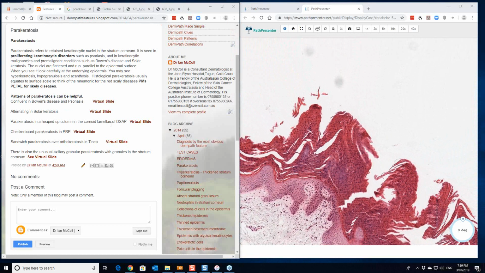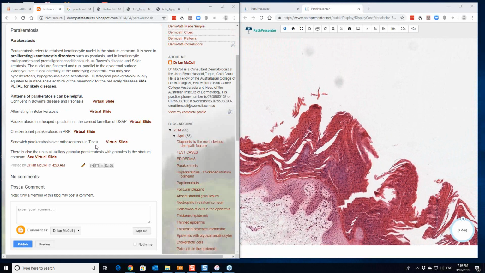The heaped up column in a cornoid lamella of disseminated superficial actinic porokeratosis. The checkerboard pattern, with horizontal and vertical alternating orthokeratosis and parakeratosis in pityriasis rubra pilaris. That's sandwich parakeratosis in tinea.